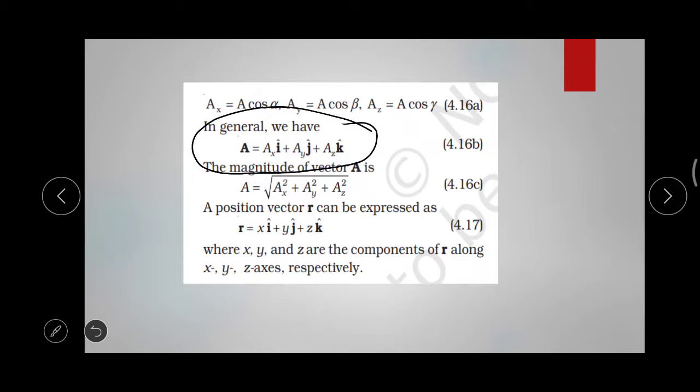Then the square root of the sum of the squares of the magnitudes of the component vectors, Ax square plus Ay square plus Az square, will be the magnitude of the resultant vector, that is capital A.